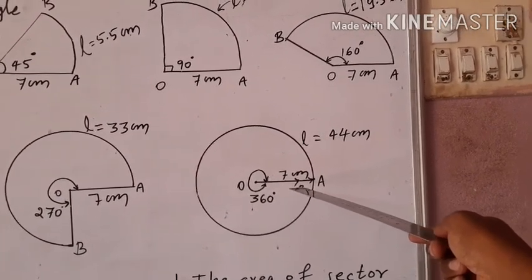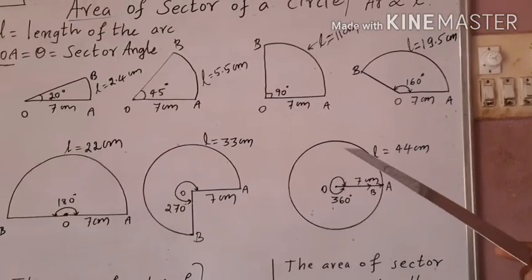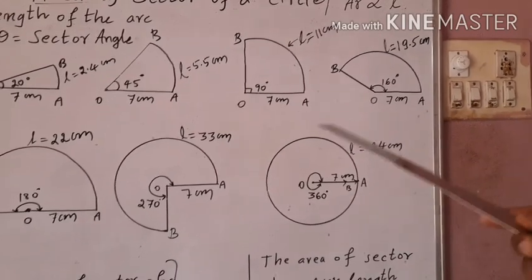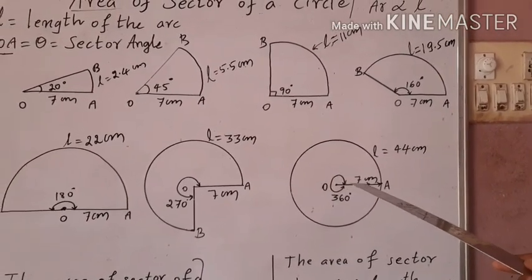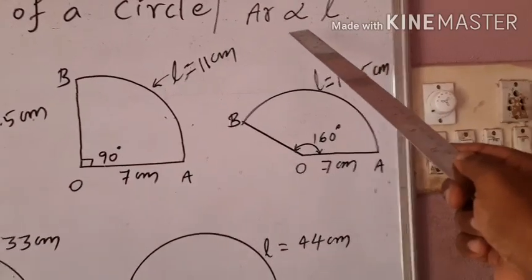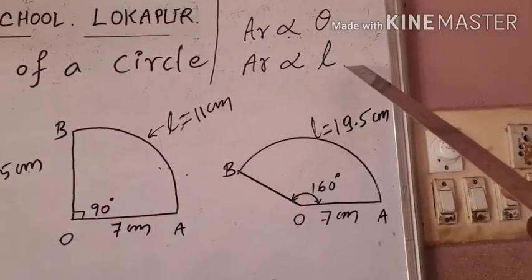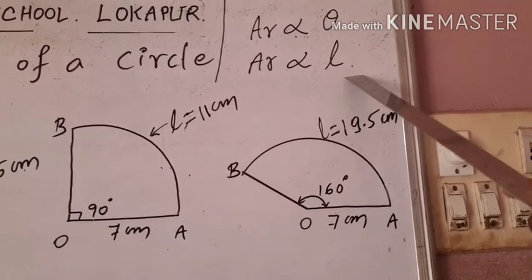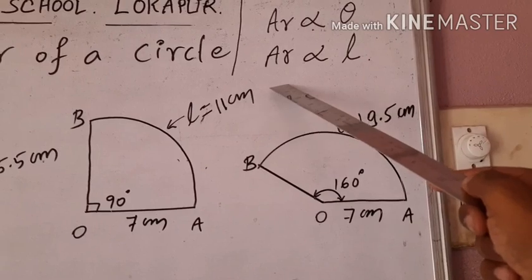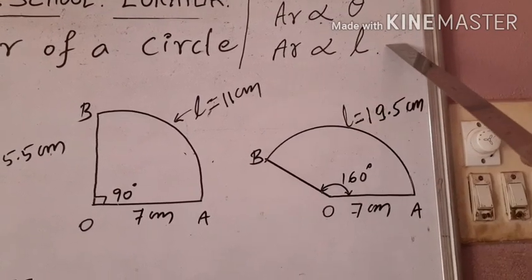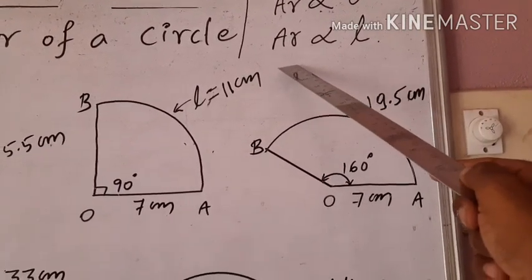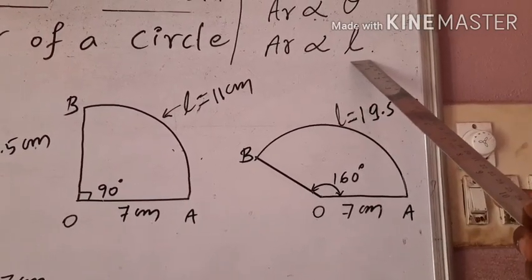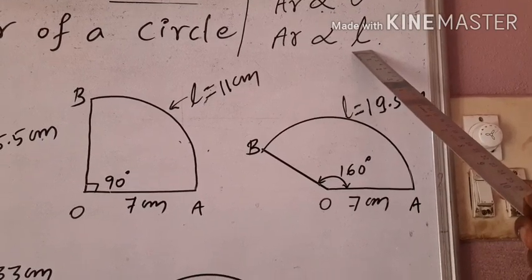So what we decide from this activity is, as the length of the arc goes on increasing, the area of the sector goes on increasing. So I can say area of the sector is directly proportional to the length of the arc of the sector. It means as the length of the arc increases, area of the sector increases. As the length of the arc decreases, area of the sector decreases. It means area is directly proportional to the length of the arc of the sector.